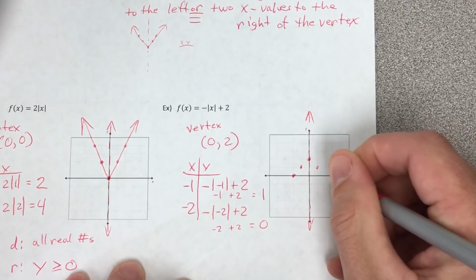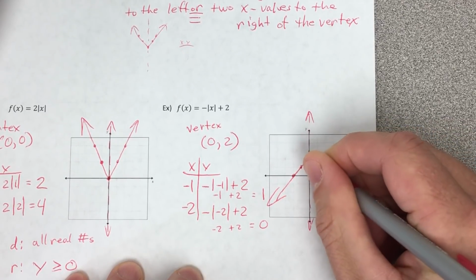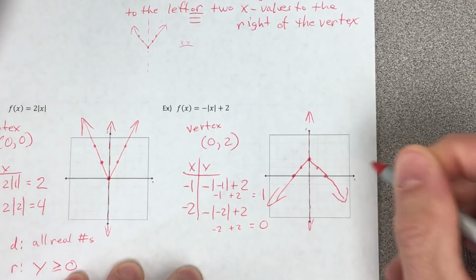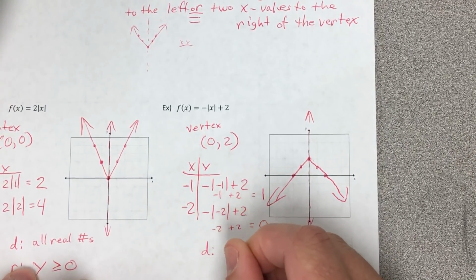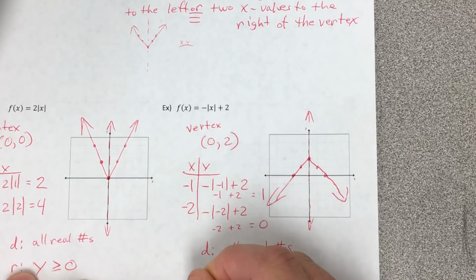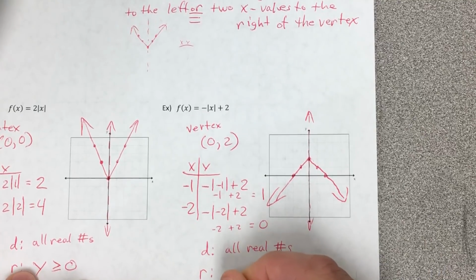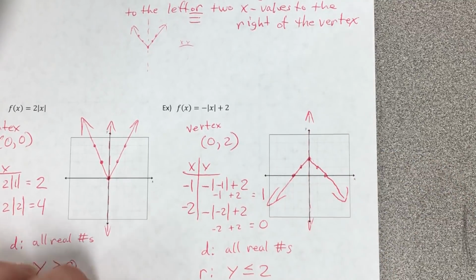Reflect them across your line of symmetry. And that is a pretty good looking absolute value graph. The domain on this, again, would be all real numbers, no restrictions on the x's that you use, but your range in this case would be y values that are less than or equal to 2.